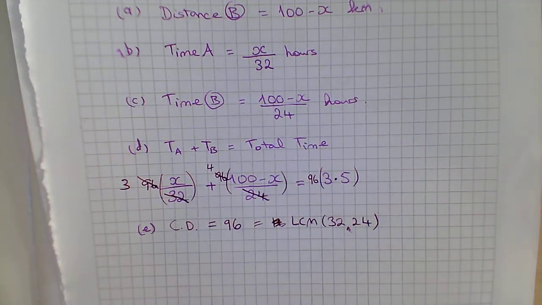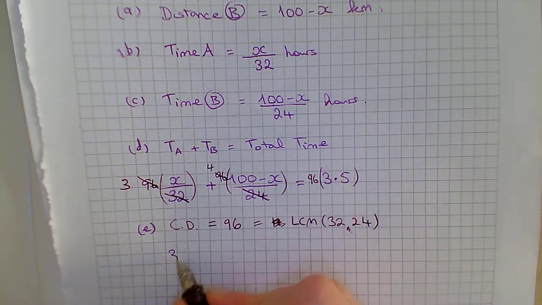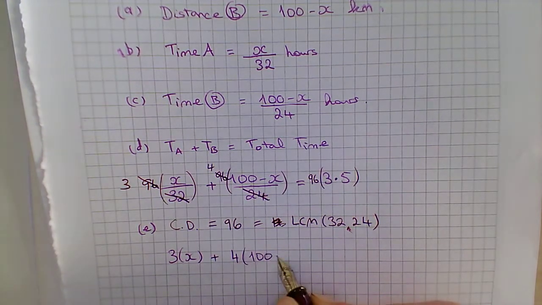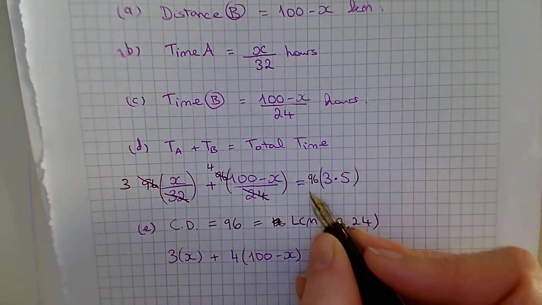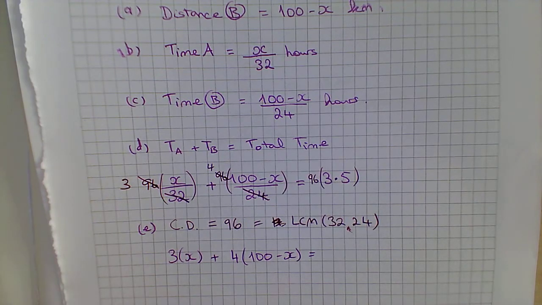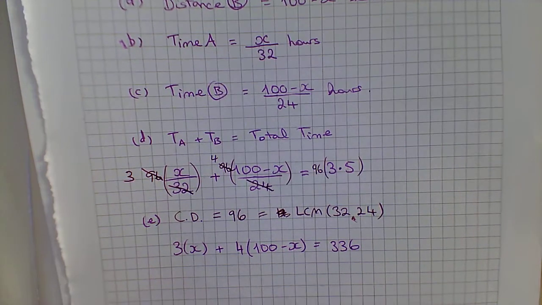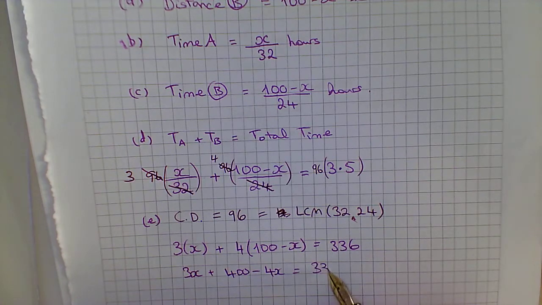So the equation that I write down is 3 times x plus 4 times (100 minus x) equals, and we'll just do this in our calculator, 96 times 3.5 is 336. Don't be scared of big numbers, they'll all simplify down in the end. 3x plus 400 minus 4x equals 336.